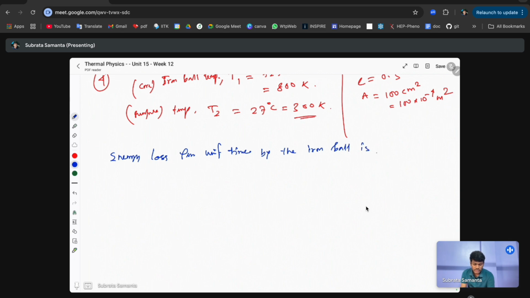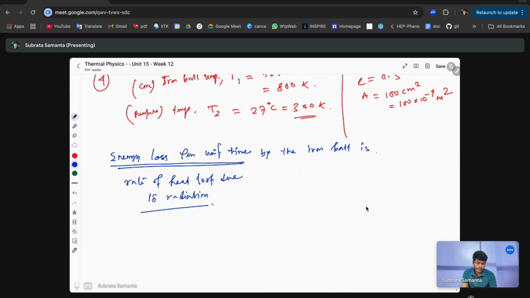This energy loss per unit time is basically the rate of heat loss due to radiation. It's the same thing.